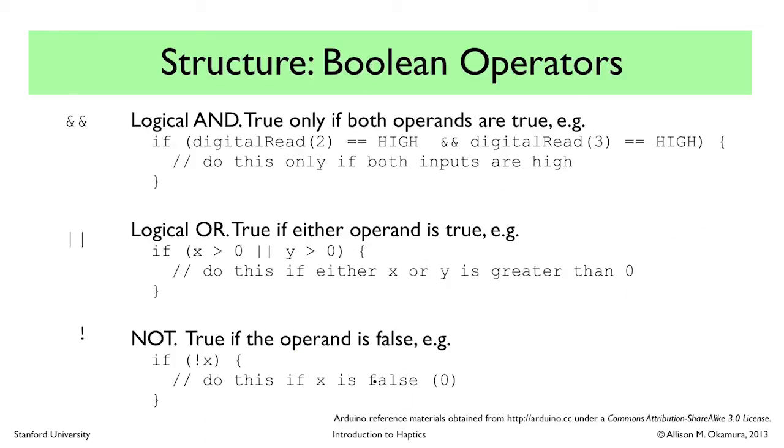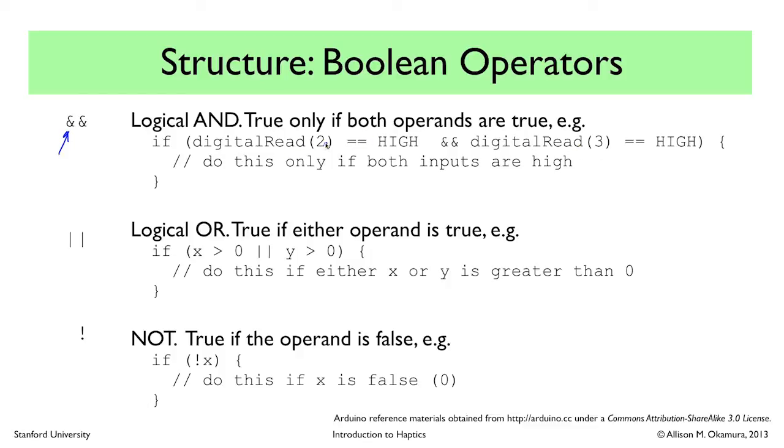All right, so these are the Boolean operators that you can be using in order to have multiple checks in your if statement. One that you'll definitely be using in your code in this class is the logical AND, which is true only if both operands are true. So here's an example. There's two digital reads here, a digital read from pin 2 and a digital read from pin 3.